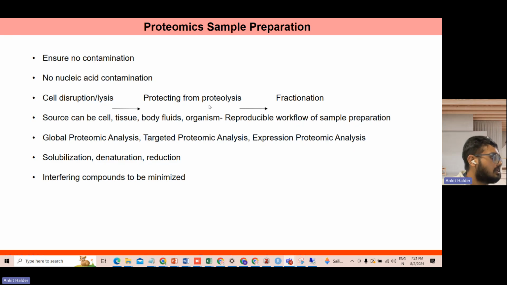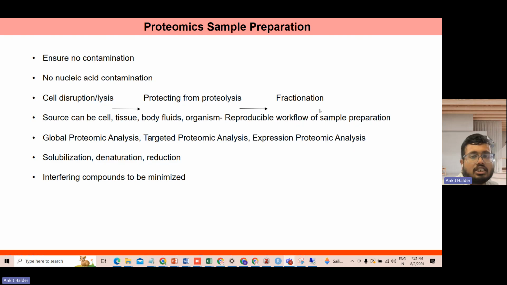In our skin and environment there are huge amounts of DNAs, RNAs, and proteases, present to protect against infection from other species. So we need to protect our samples from proteolysis.